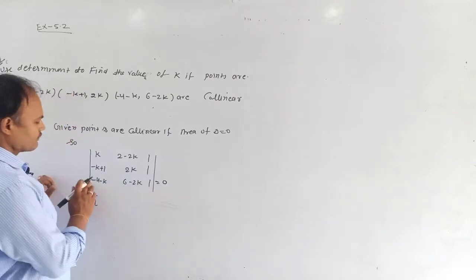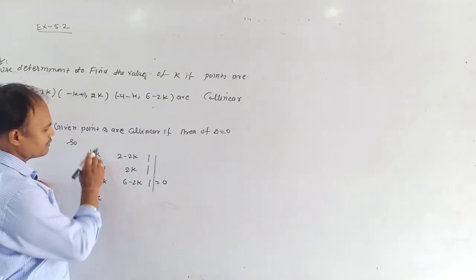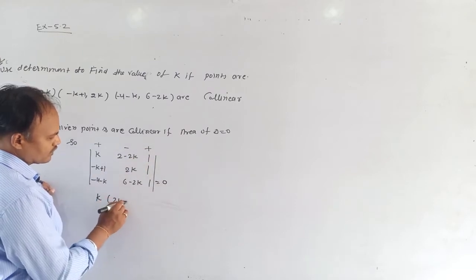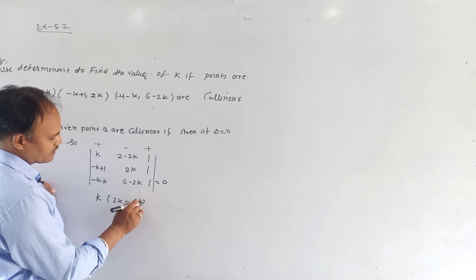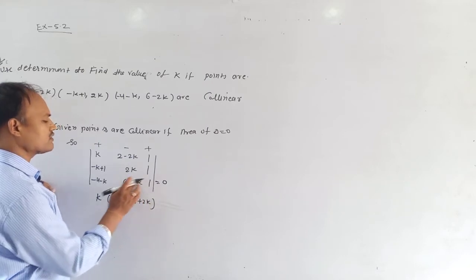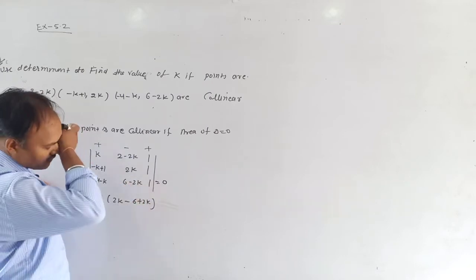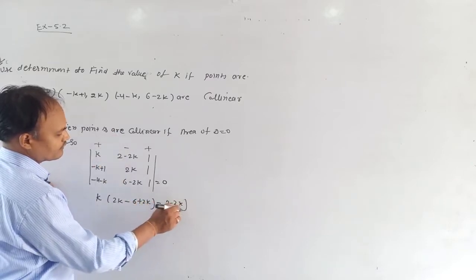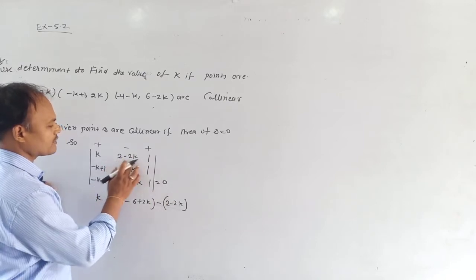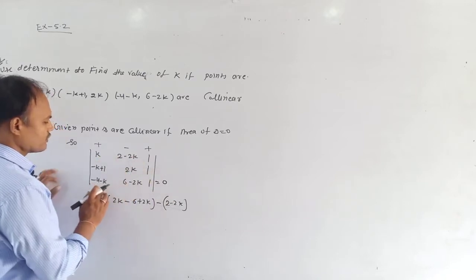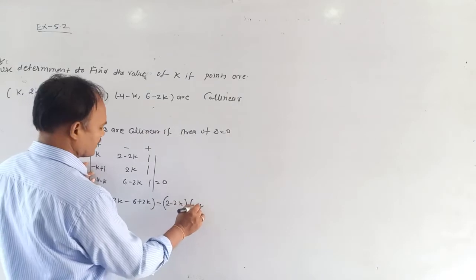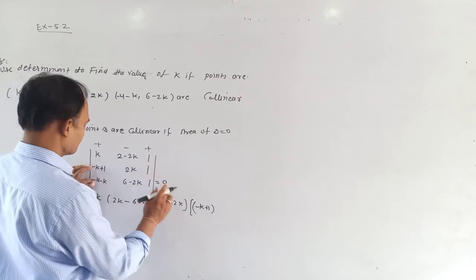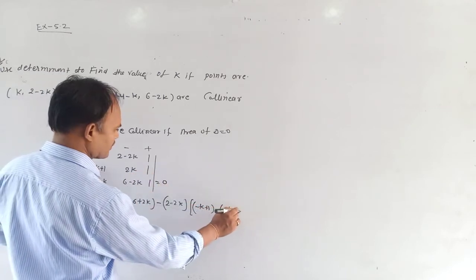We are going to open plus minus plus, so it is k and it is 2k minus 6 plus 2k. Now minus (2 minus 2k), with respect to this, this row and column are removed, so it is minus k plus 1 and minus 4 minus k.